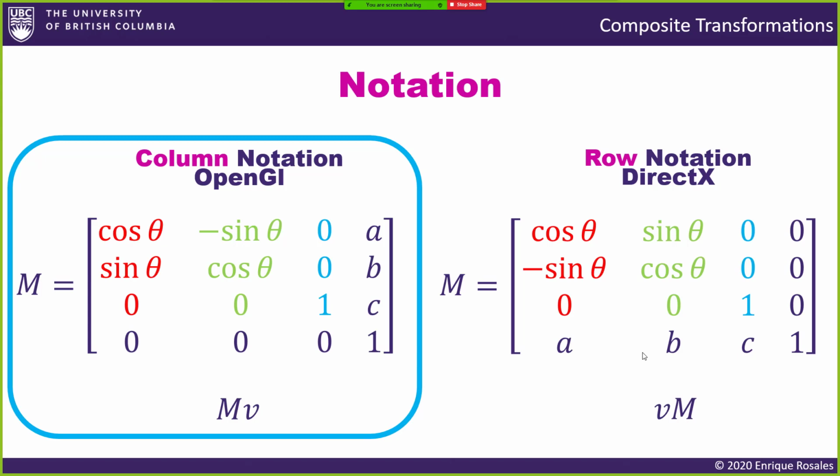Imagine you are multiplying several matrices, and you get the first matrix from a book, the second from another book, and the third from another website, and you combine them.